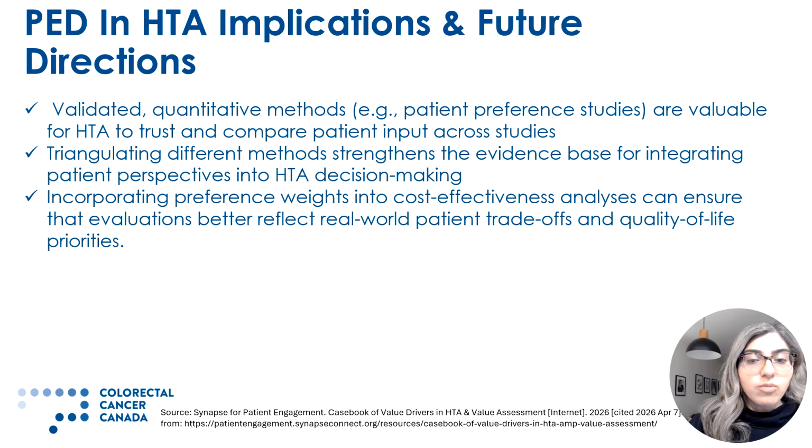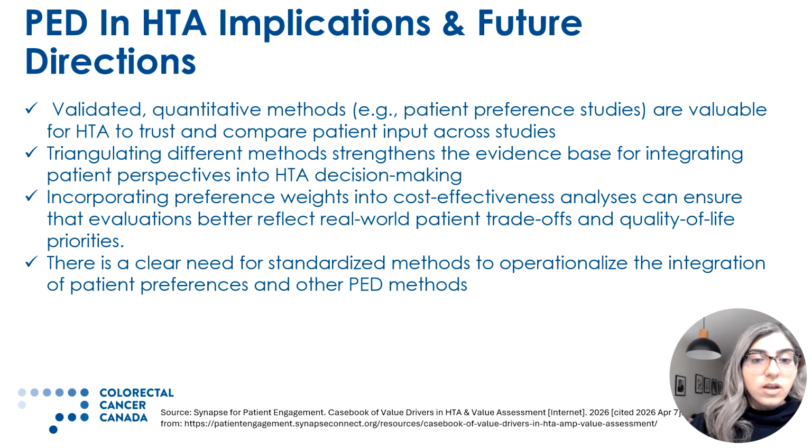Also, incorporating preference weights into cost effectiveness analyses can ensure that evaluations better reflect real world patient trade-offs and quality of life priorities, and they also ensure that the deliberations are more transparent as well. There's also a clear need for standardized methods to operationalize the integration of patient preferences and other patient experience data, beyond the methods already used by HTA agencies that collect patient input through surveys and focus groups as well as interviews.